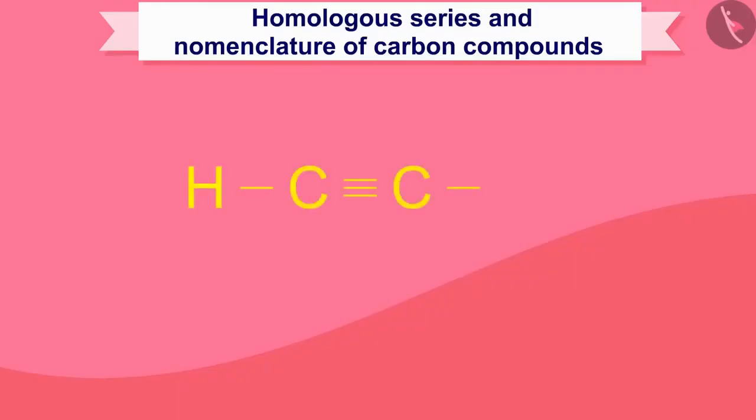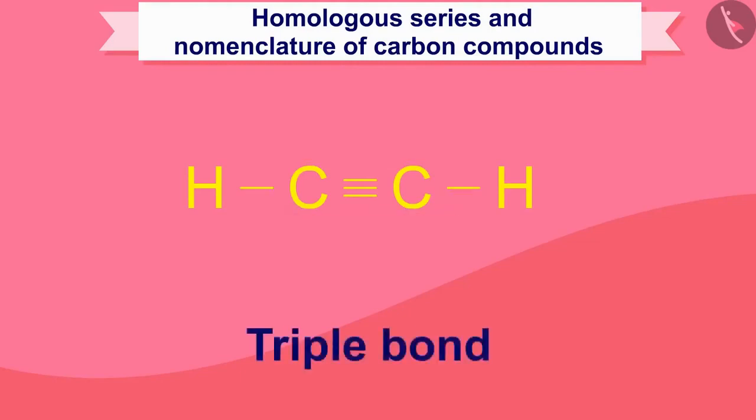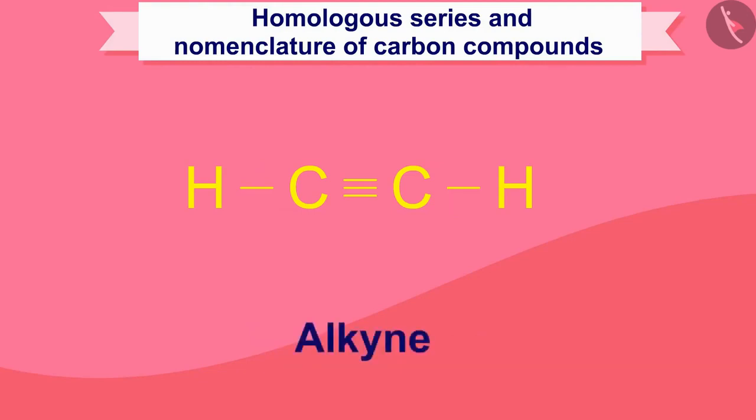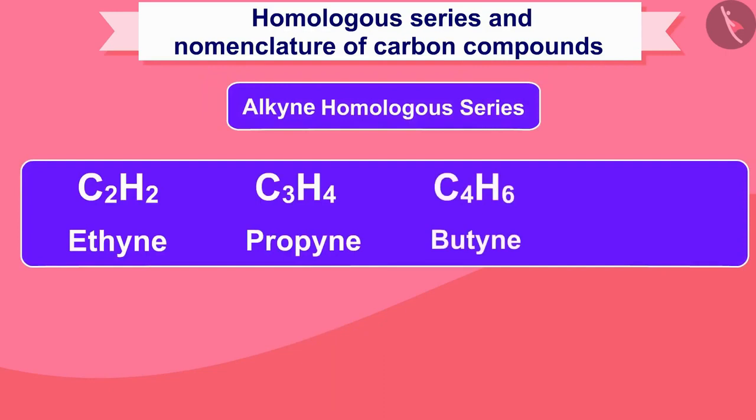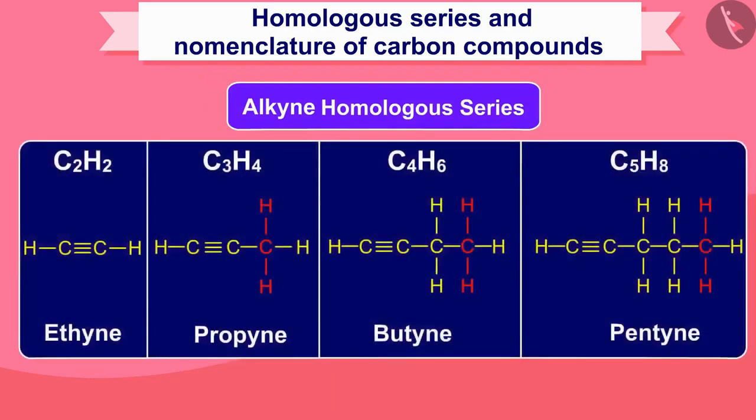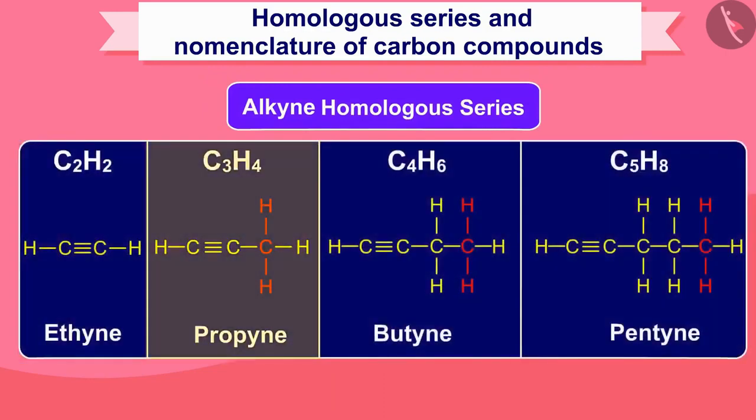Similarly, if the hydrocarbon compound contains a carbon-carbon triple bond, the series will be called alkyne. The name will end with "yne", and the same important thing is that there will be a difference of CH2 unit in moving from one unit to another.